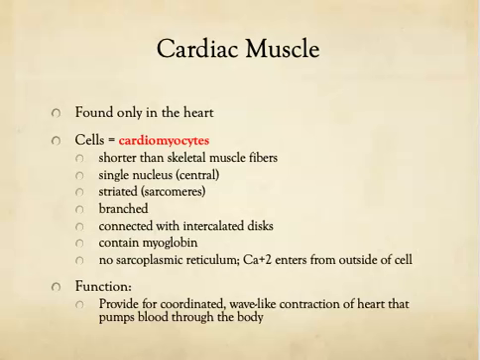Each one of the individual cells is connected to other cells, and all the branches are connected to each other with structures that are called intercalated discs. Cardiac muscle cells do contain myoglobin, so they can store oxygen like skeletal muscles can, but they don't contain any sarcoplasmic reticulum.